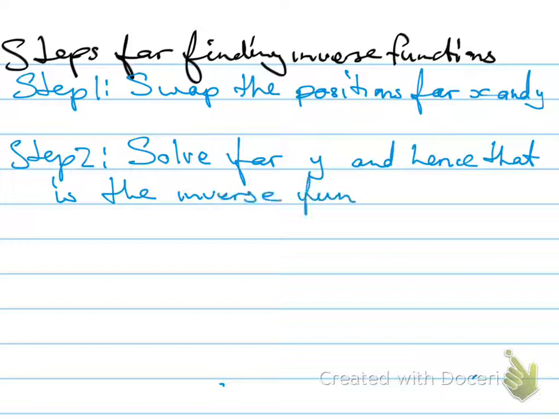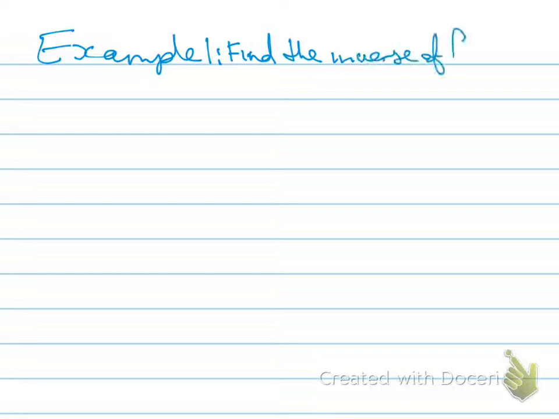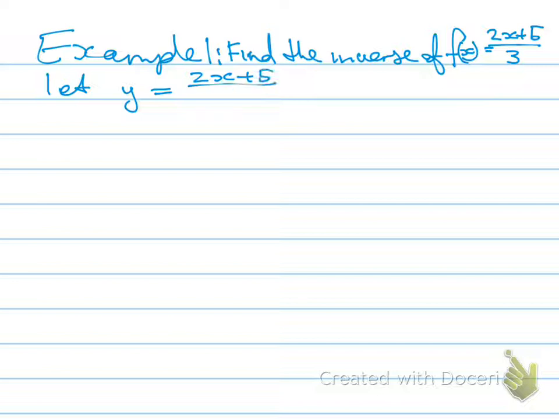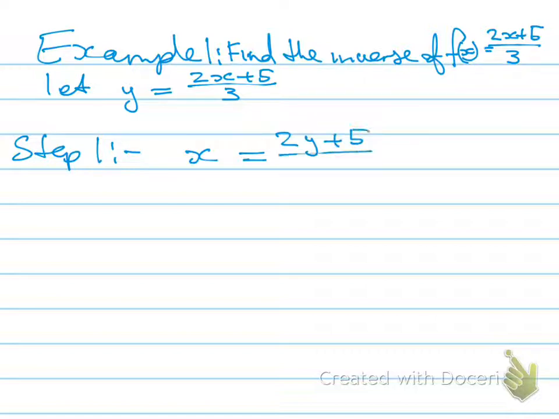Right, let's look at an example. This is a very easy task. Let's say you are given, find the inverse of y equals, or f(x) equals, (2x + 5)/3. You can let f(x) be the same as y, and then you swap the positions. Where there's x you put y, where there's y you put x, and then you make y the subject of the formula.